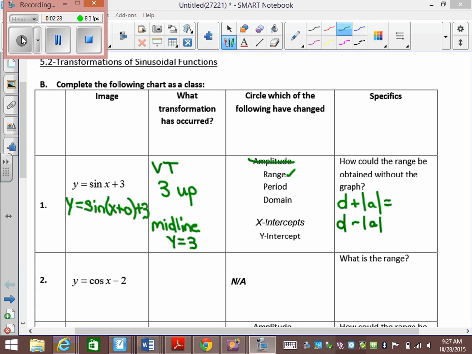Amplitude, right? It's the distance. So your D is 3.